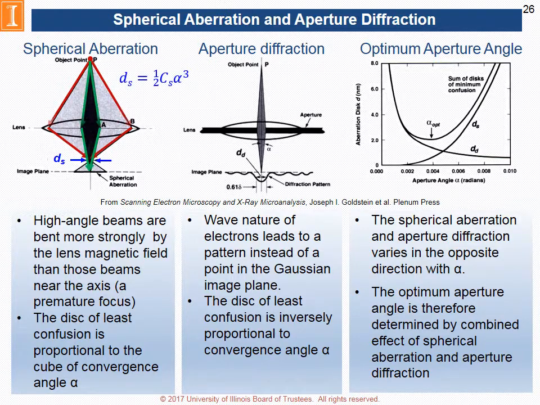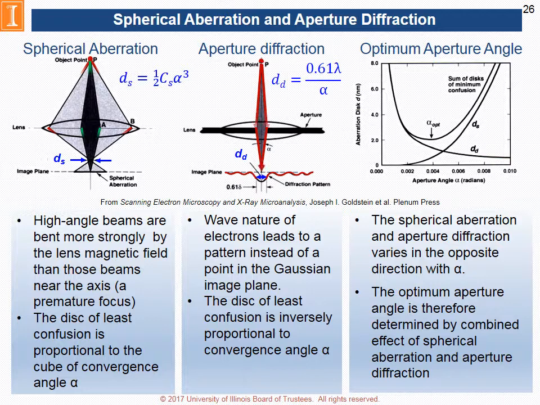What is spherical aberration? High-angle beams are bent more strongly by the lens magnetic field than those beams near the axis. The disk of least confusion for spherical aberration is proportional to the cube of convergence angle alpha.